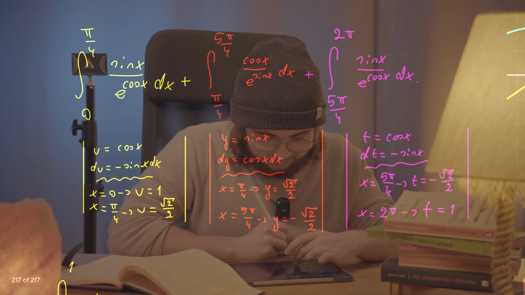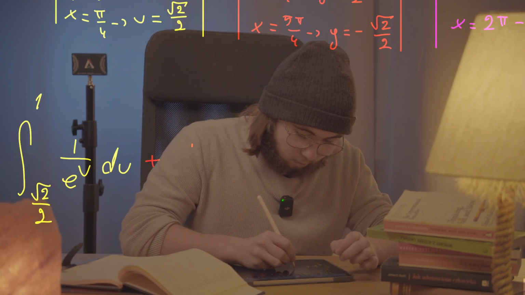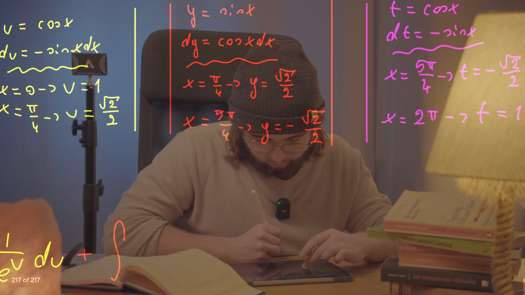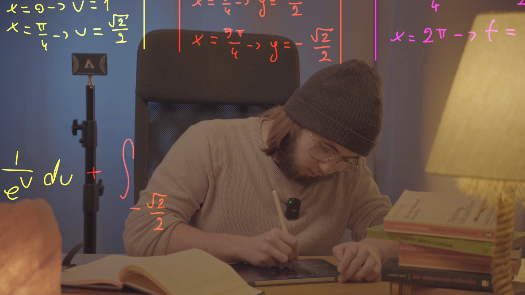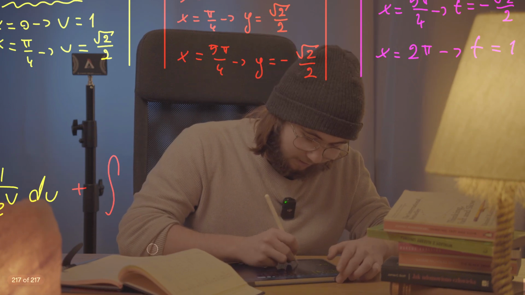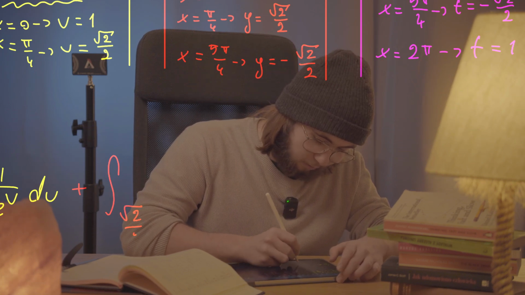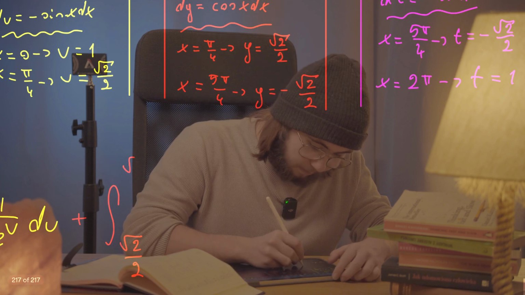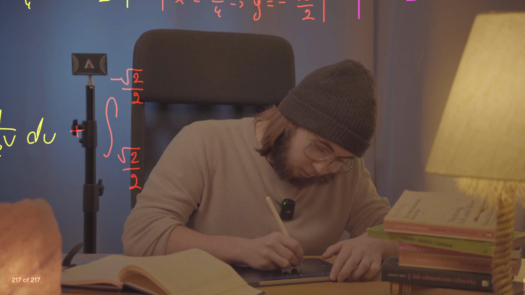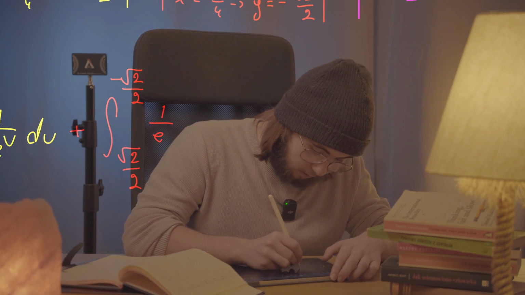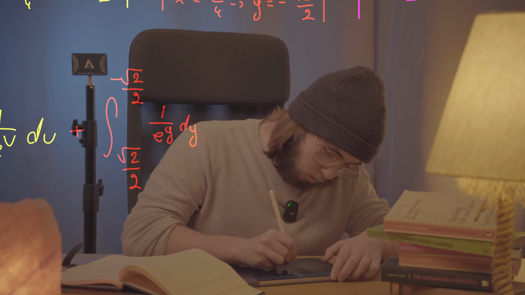Yeah. And now this integral, between negative square root of 2 over 2, is it? Oh, no. From square root of 2 over 2 up to negative square root of 2 over 2, is going to be of, that was y, yeah, that was y, so 1 over e to the y dy.